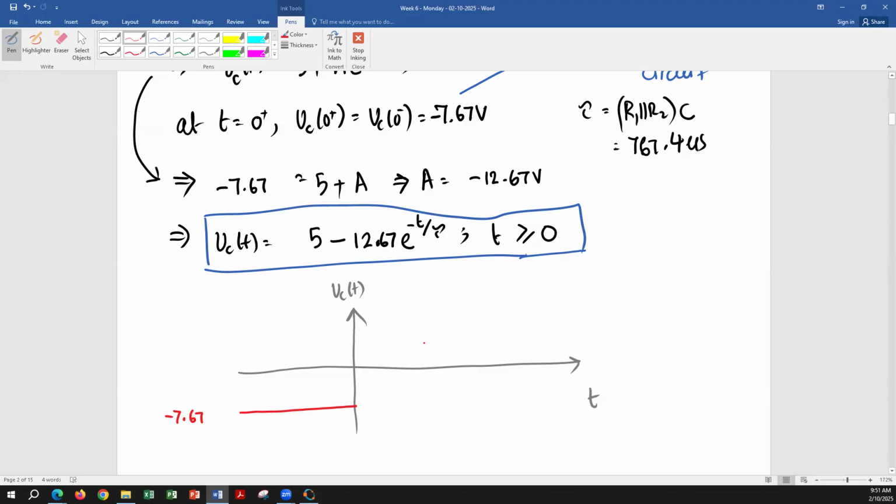Let's say positive 5 is here. And then in between, it is going to change. How is it going to change? Increase and get to positive.